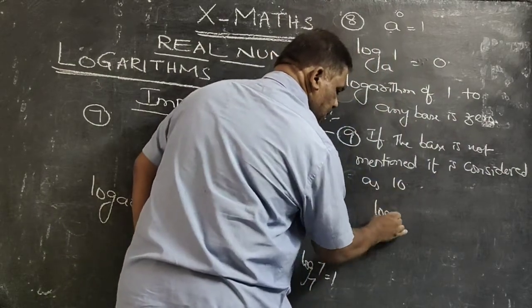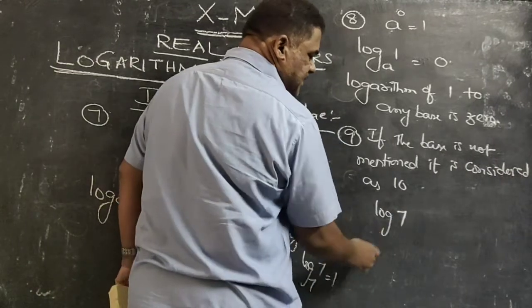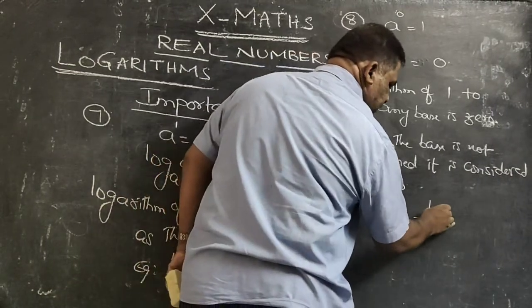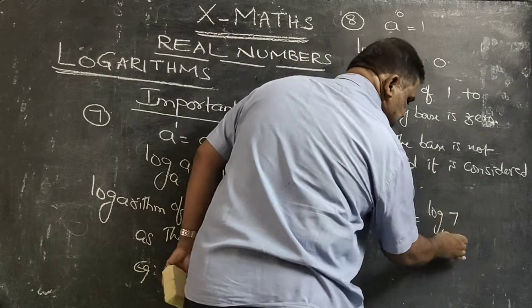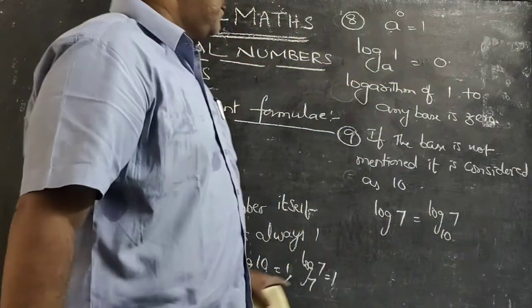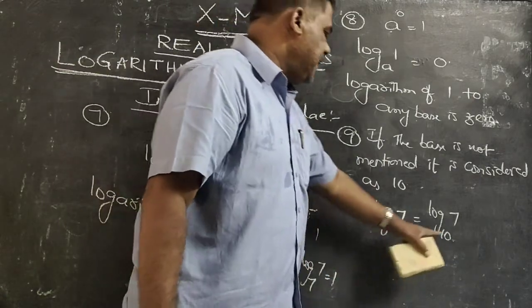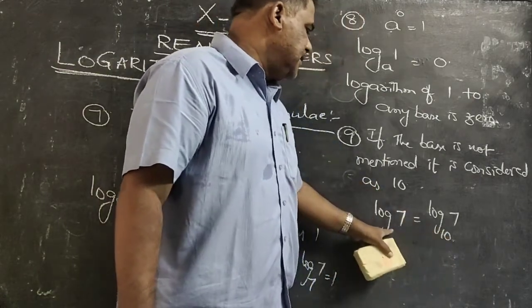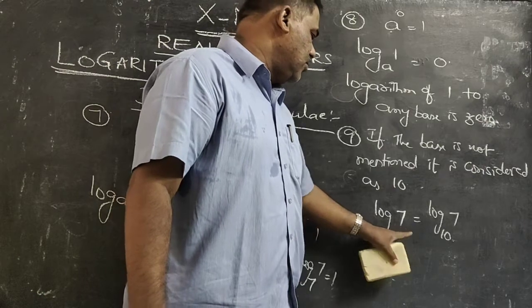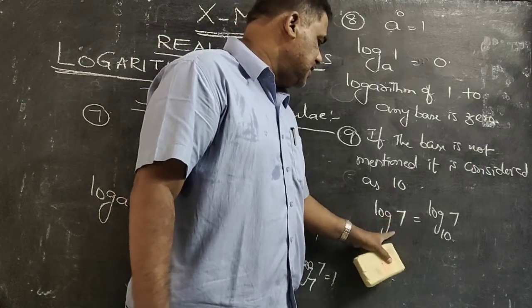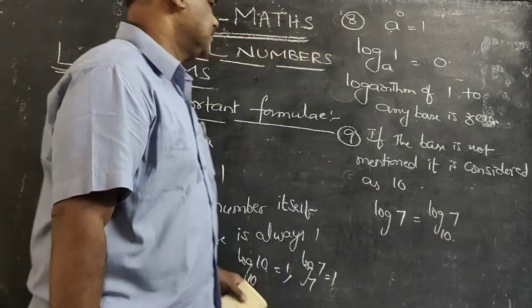For example, logarithm of 7. Here the base is not mentioned. If the base is not mentioned, it is considered as 10. So if the base is not written, we have to take it as 10 only. That means if the base is 10, there is no need of mentioning the base, you can remove it.